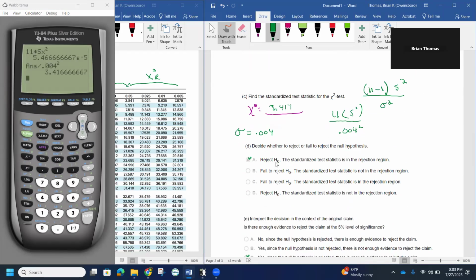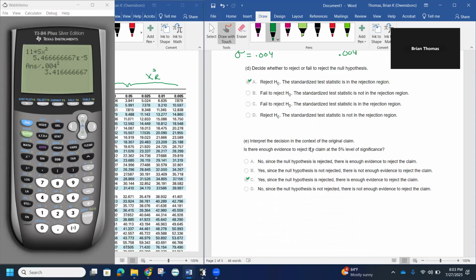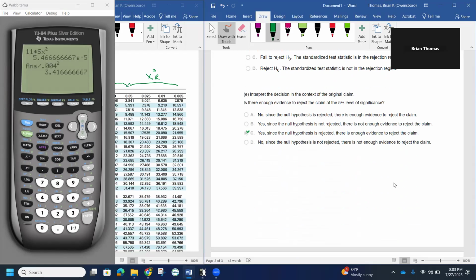So we are rejecting H0 because the standardized test statistic, 3.417, is left of that 3.8 number. Then we make a decision: is there enough evidence to reject the claim at a 5% level of significance? Yes, there is.